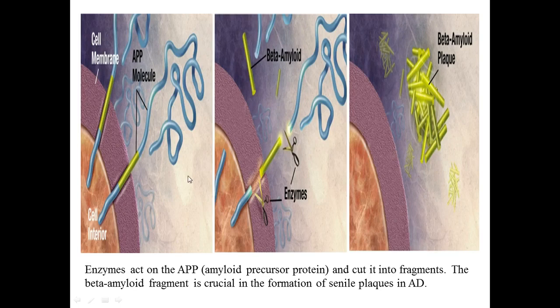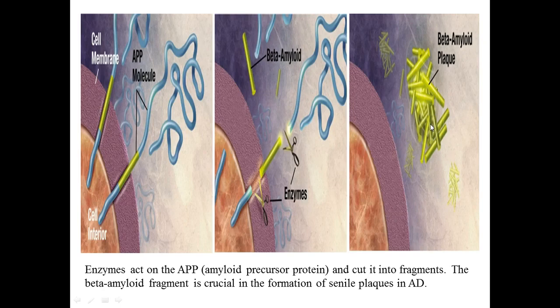Due to some unknown reasons, enzymatic activity, which is mainly proteolytic activity, takes place and cleaves this APP molecule in the neuron cell membrane into small fragments. These fragments are called beta amyloid fragments. They accumulate around the neuron cell and form a senile plaque.